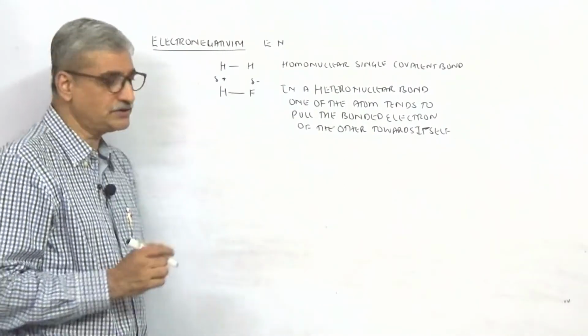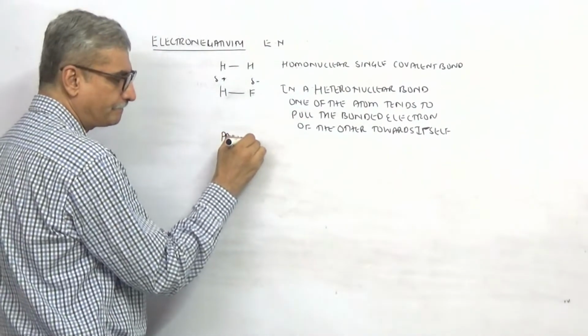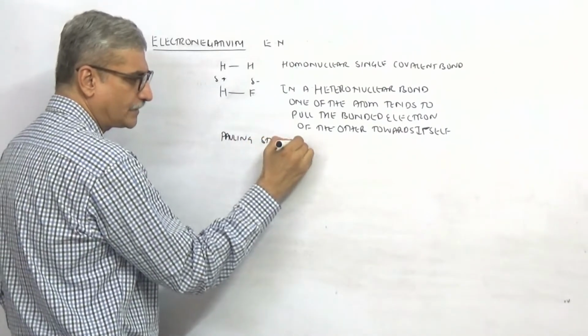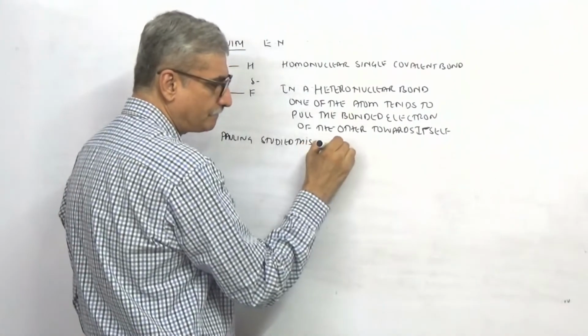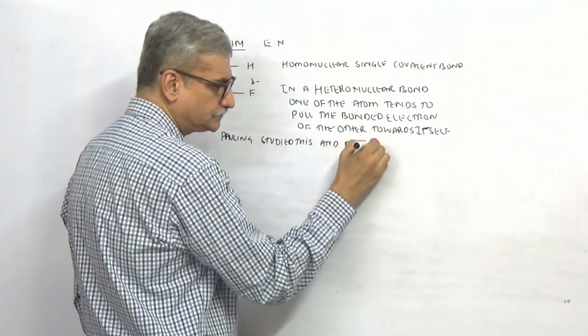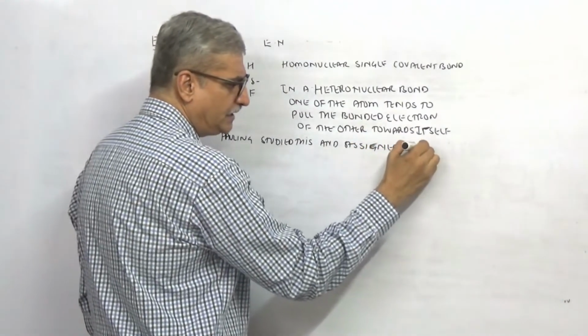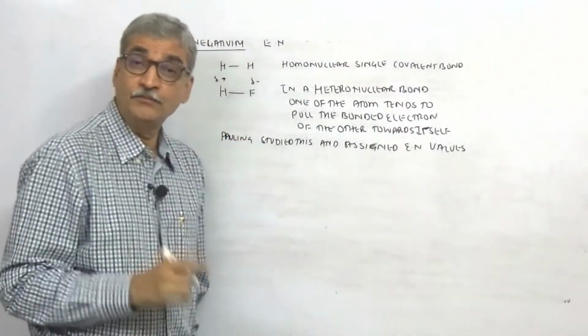Now what happened was, Pauling studied this and assigned EN values. Mulliken also studied.